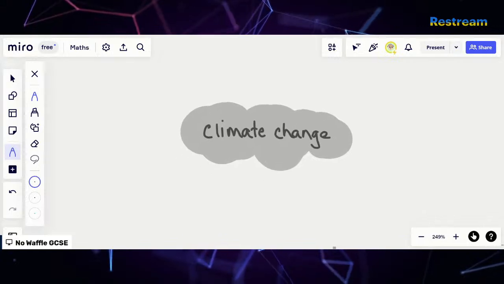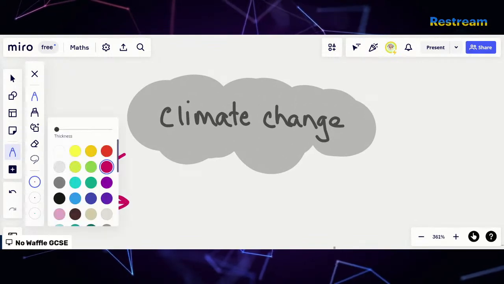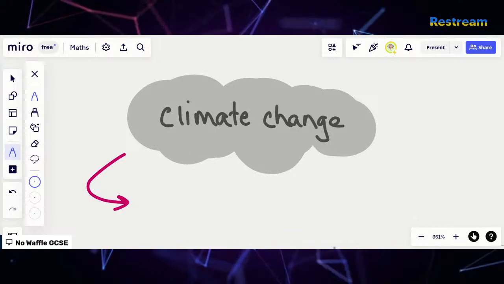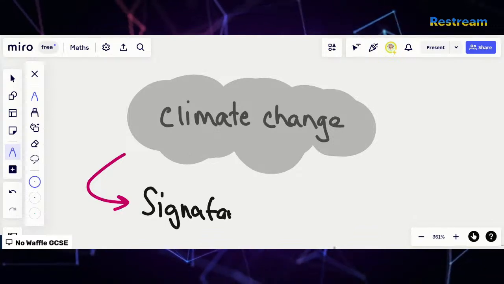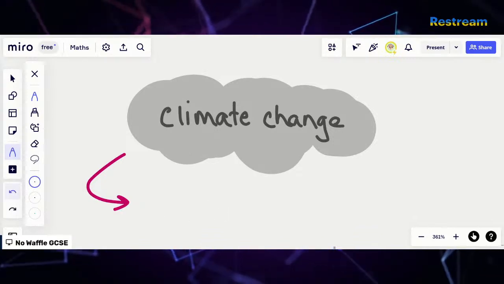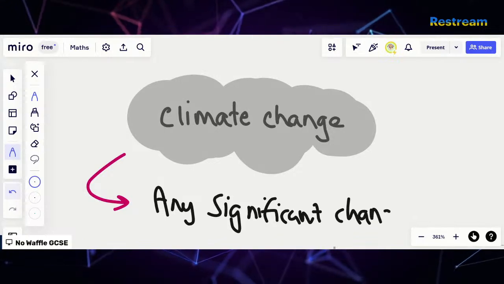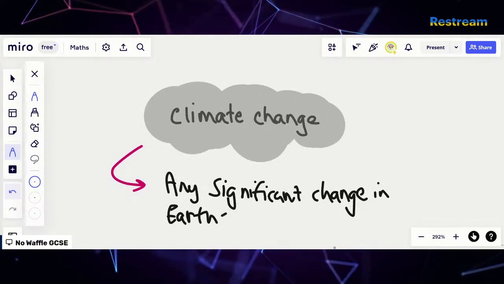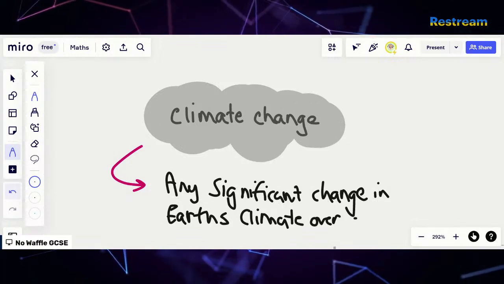So, what is climate change? Firstly, you may be asked to define what climate change is. So you need to know that climate change is any significant change in Earth's climate over a long period of time.